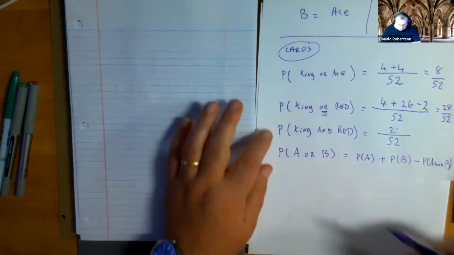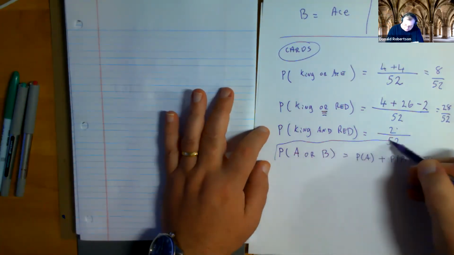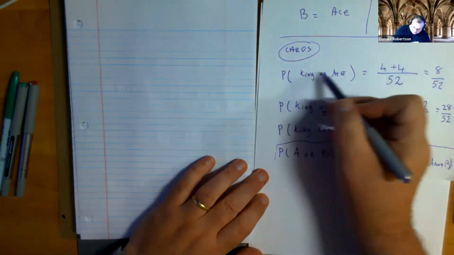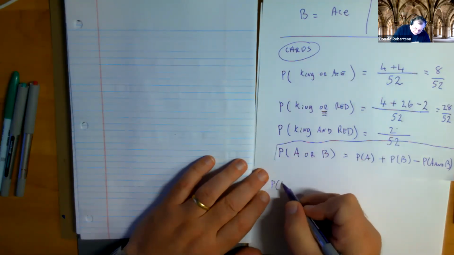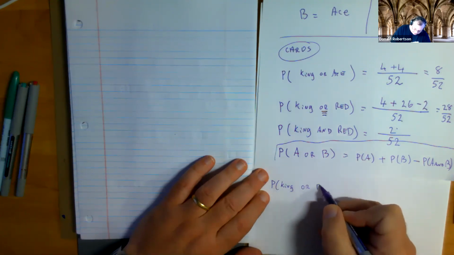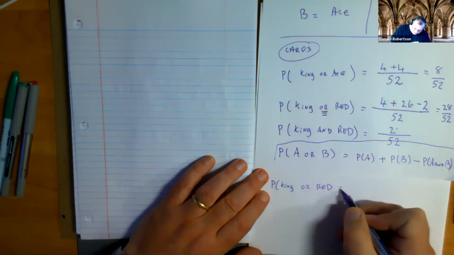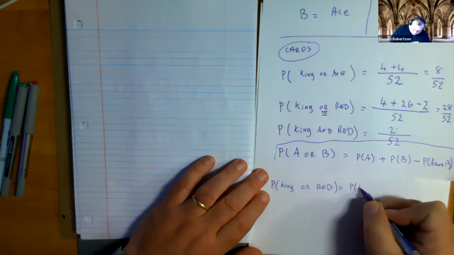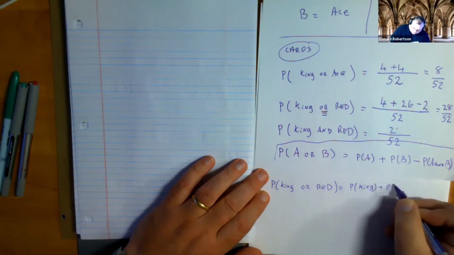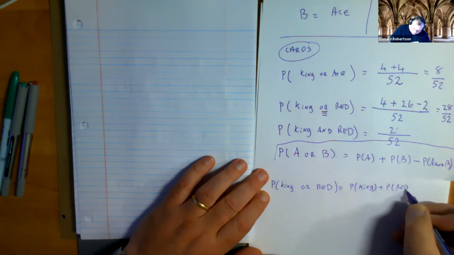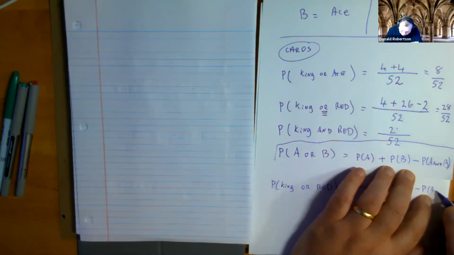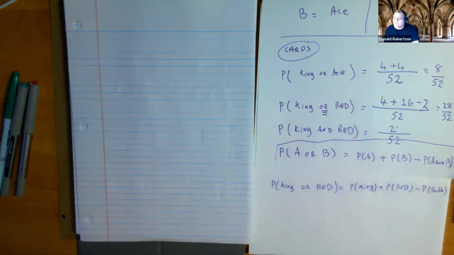This is a formula that we use. So let me apply it to this question. What's the probability that it's king or it's red? Well, that becomes the probability that you choose a king, added to the probability that you choose a red, take away the probability of both, as a shortcut.